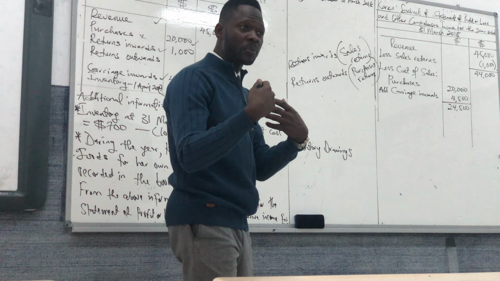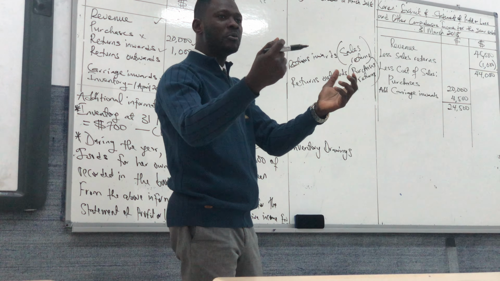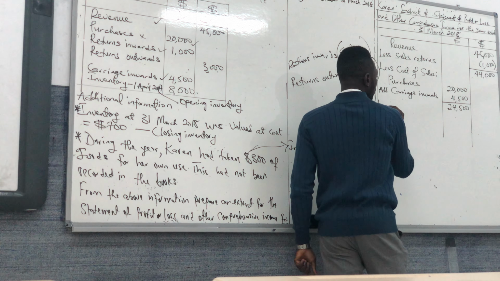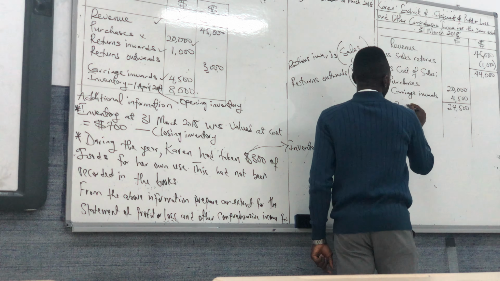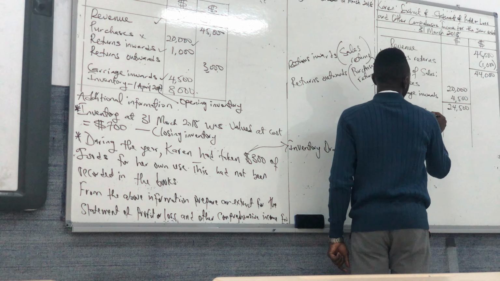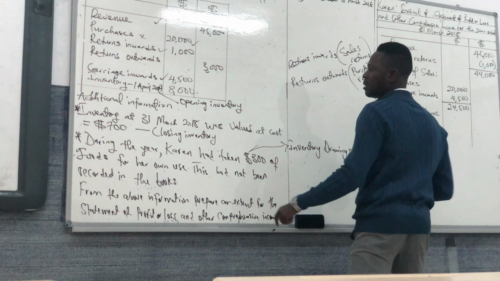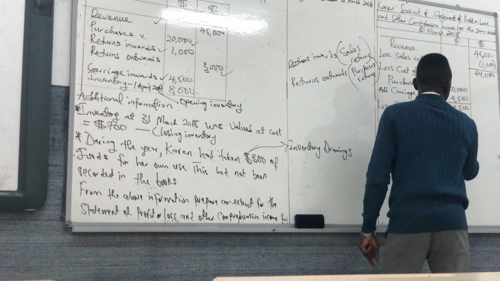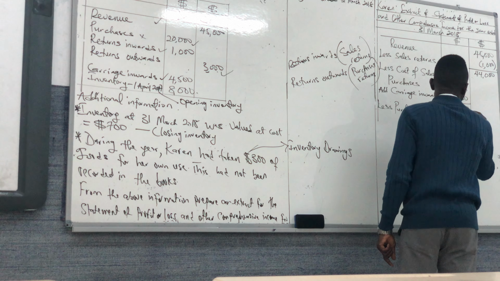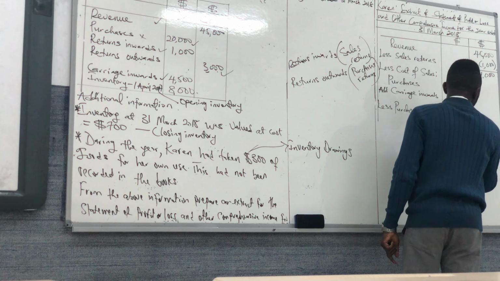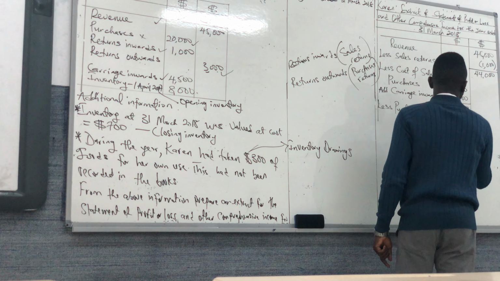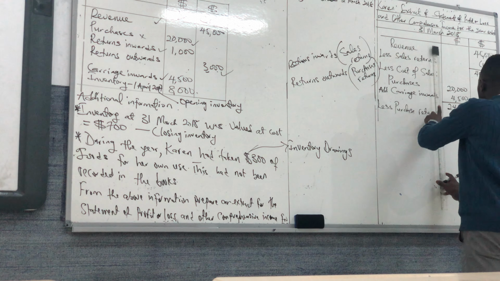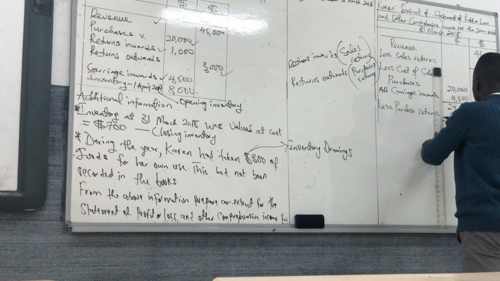So it's going to be less purchases returns, amount 3,000. Is it clear to here? Yes. Okay.